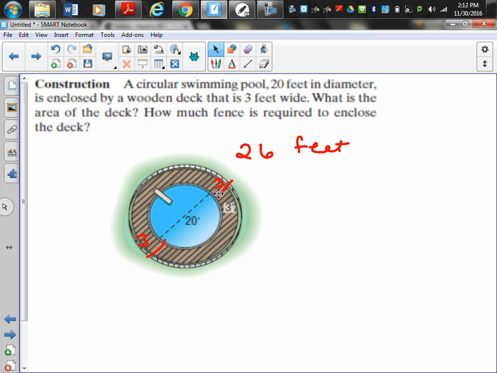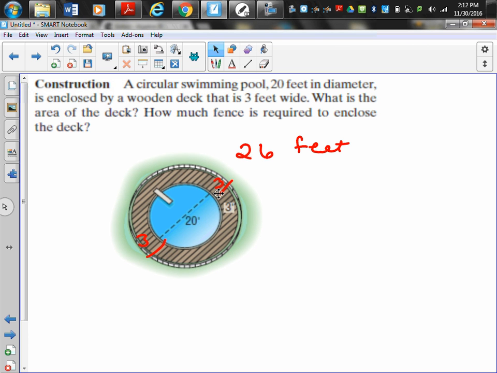Now, you'll do this problem very similar to the one we just did. So the first thing, it says, what is the area of the deck? You do that one exactly like we did the area of the border, except we use the circle formulas instead of the rectangles.